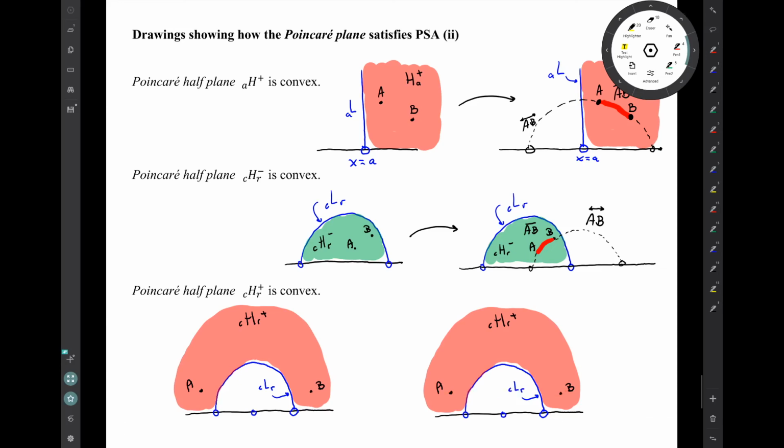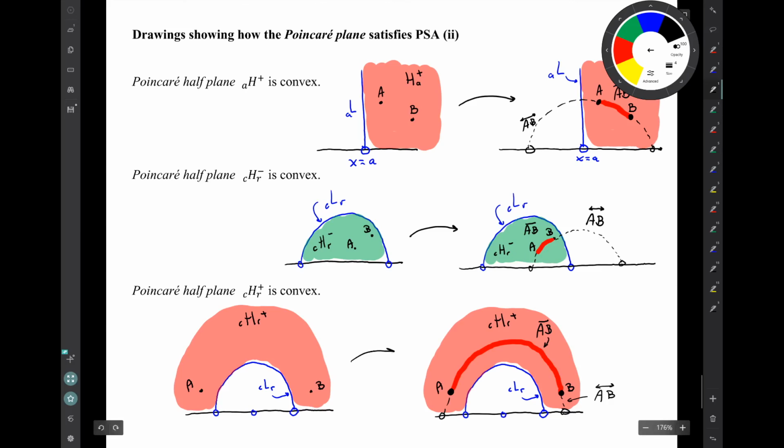To draw Poincaré segment AB, you have to first imagine Poincaré line AB. There's Poincaré line AB. Now I can draw Poincaré segment AB. So we see that Poincaré segment AB is a semicircular arc that's part of that semicircular line AB. And you see that that Poincaré segment AB is a subset of that same red half-plane.